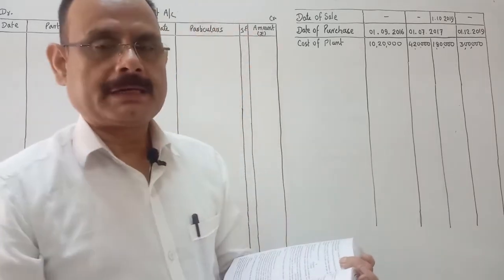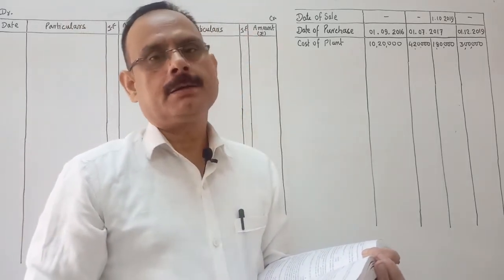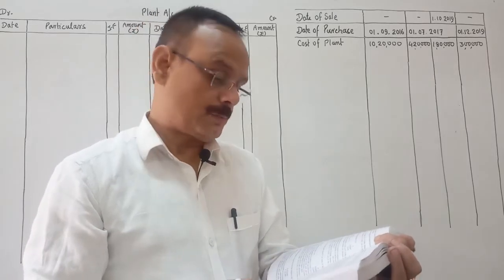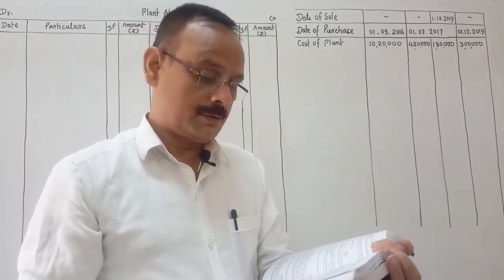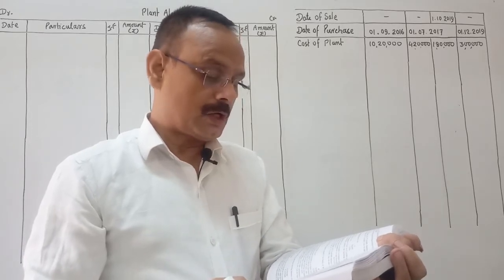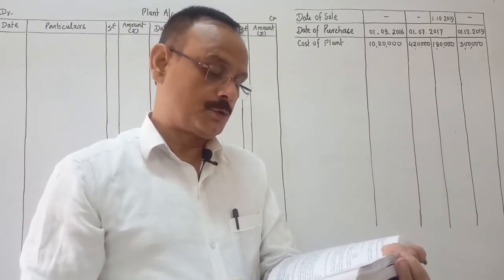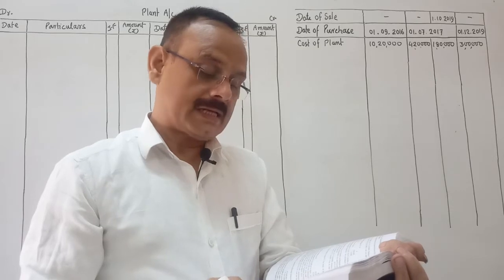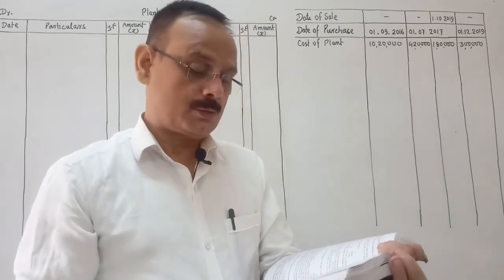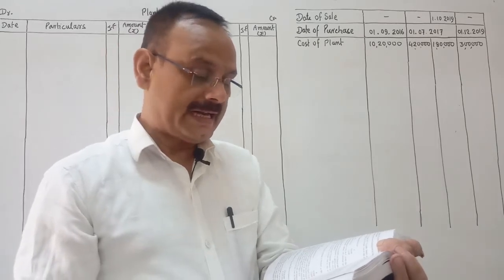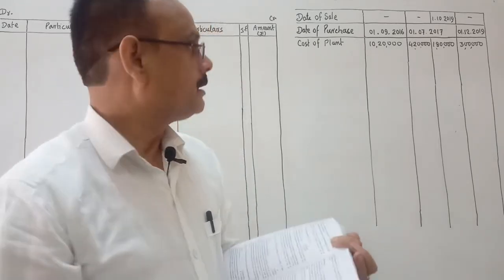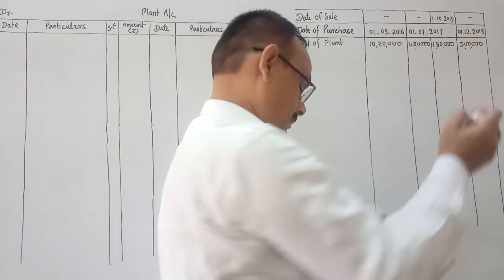Okay, 10% is the rate and the method is original cost method. Accounts closed on 31st March, that is also fine. On 1st October 2019, part of the second plant purchased on 1st July 2017 was sold for rupees 1,80,000. So I have separated this one.